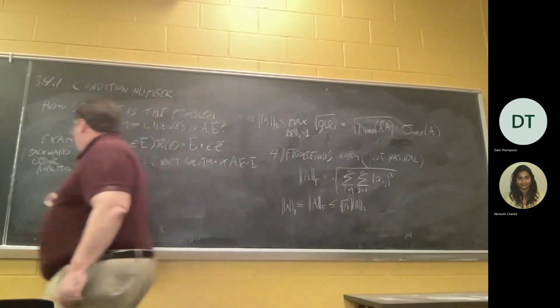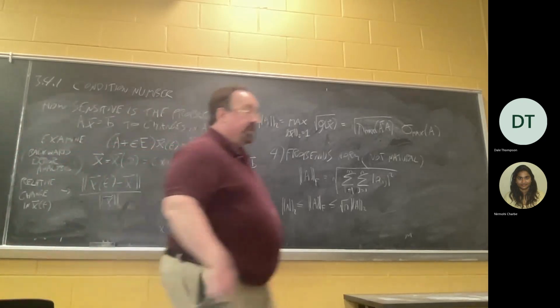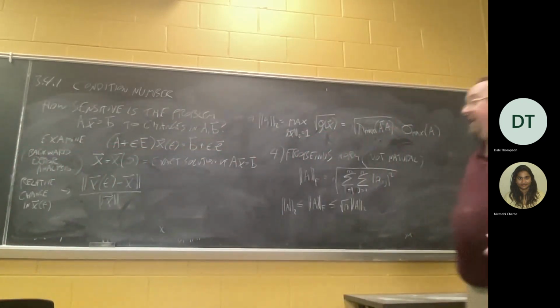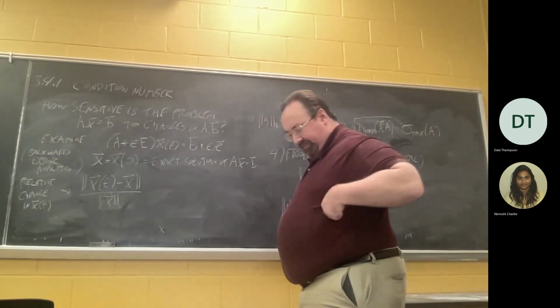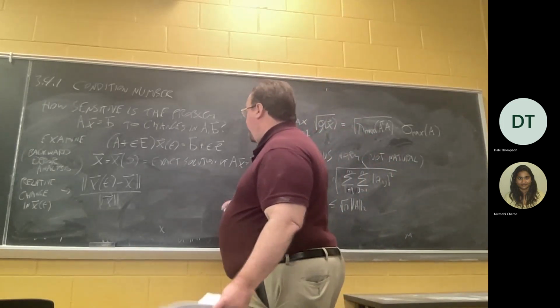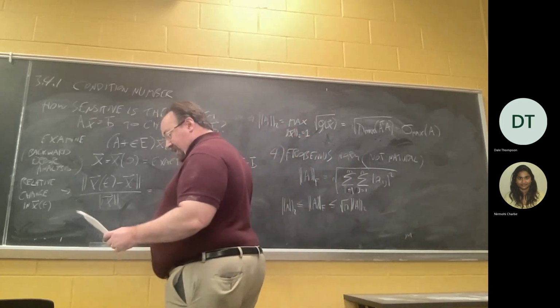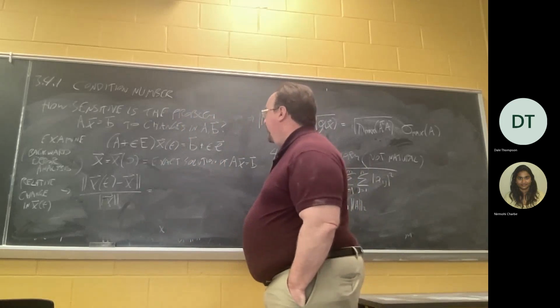So this is the relative change in X of epsilon. So if a problem is changed by a little bit, by how much does the solution change relative to the size of the exact solution? Okay, now for this, we need an expression for X of epsilon.